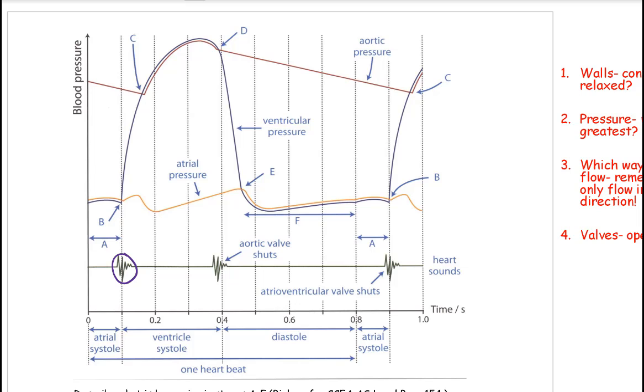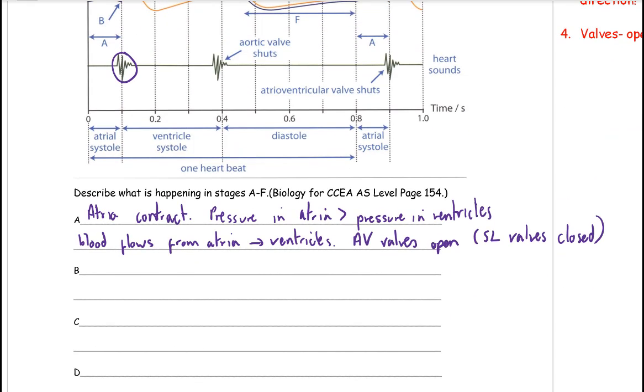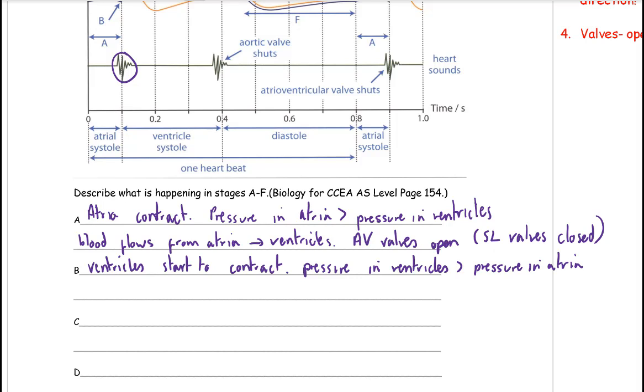So B is where the ventricles start to contract, the pressure in the ventricles rises, and the pressure in the ventricles is now greater than the pressure in the atria, so the AV valves shut.